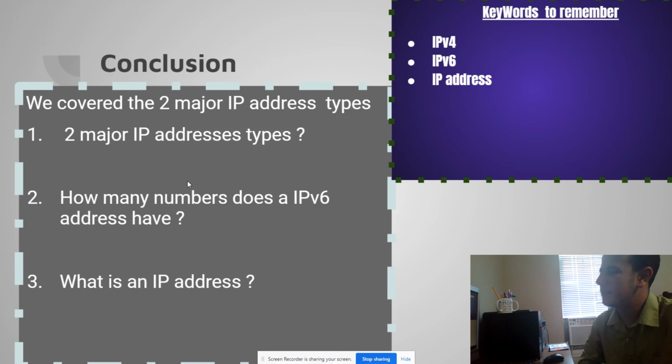The 2 major IP address types are IPv4 and IPv6. How many numbers does an IPv6 address have? An IPv6 address has 8 4-digit hexadecimal numbers. What is an IP address? An IP address is a unique way of identifying every computer on the internet.